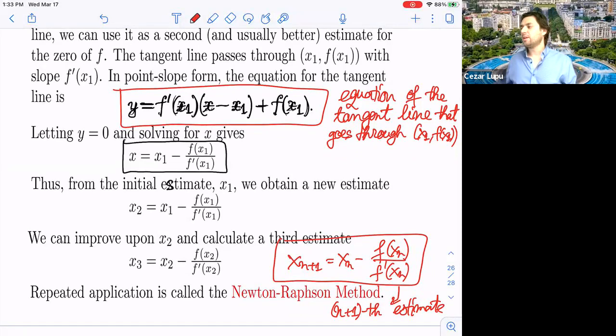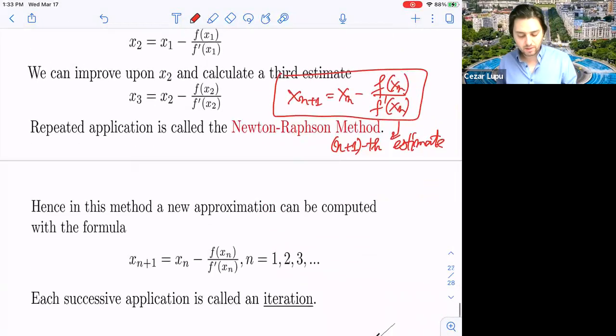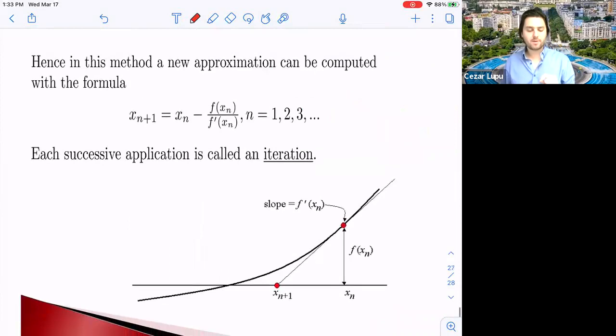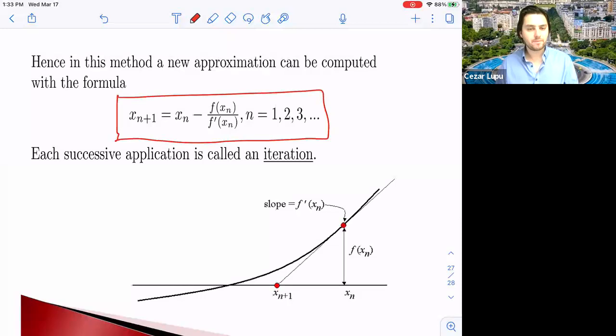All right, like I said, in this method we can compute this approximation, xn plus 1. So this is xn minus f of xn over f prime of xn. Each successive application is called an iteration.